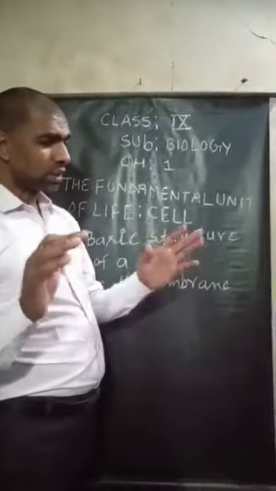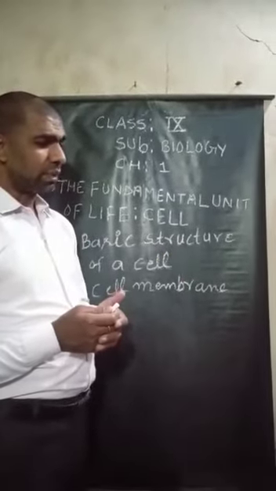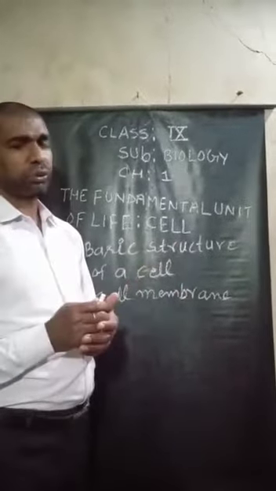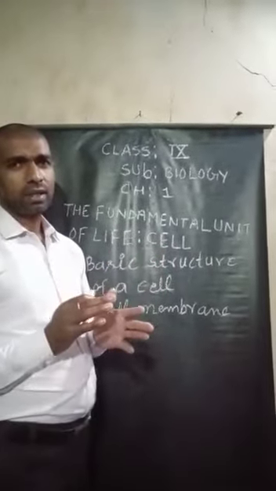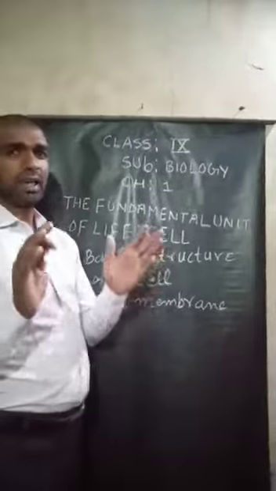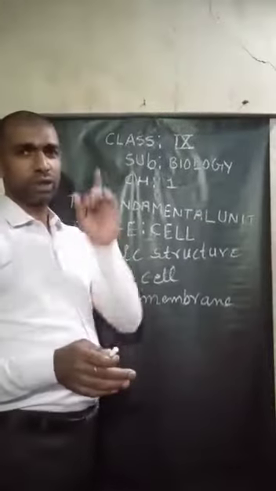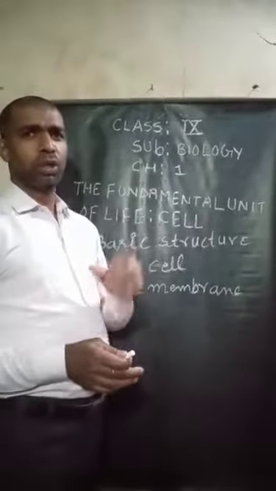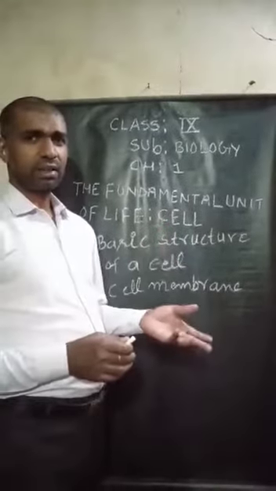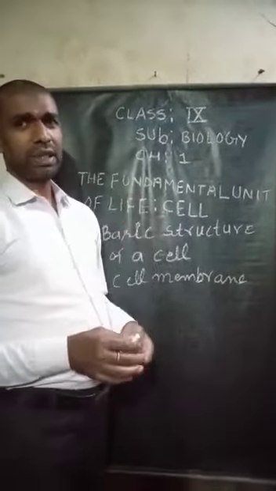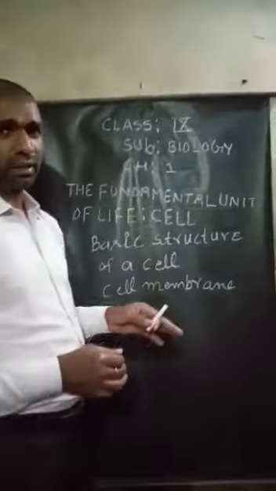The remaining cell organelles can be observed under the electron microscope, but through only a light microscope the nucleus can be seen. After this I am going to tell you about the cell membrane in detail.